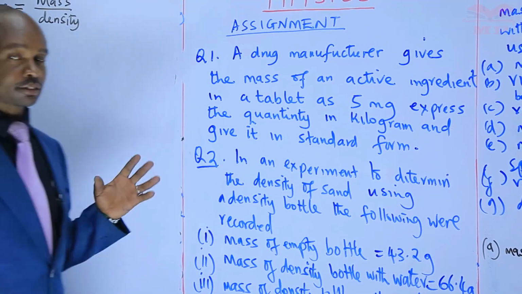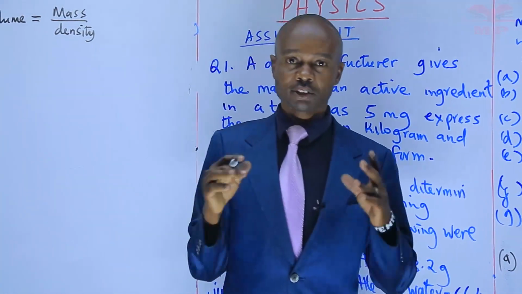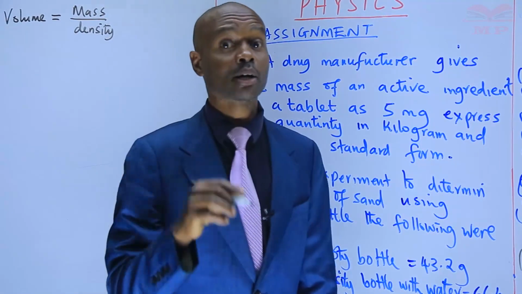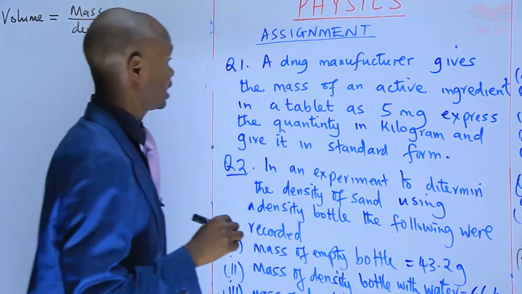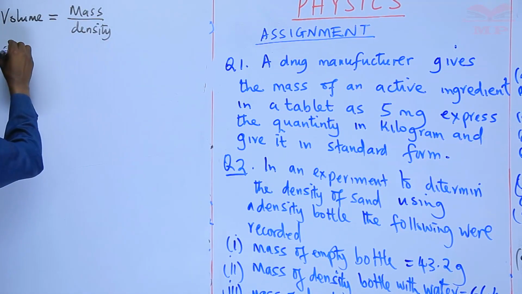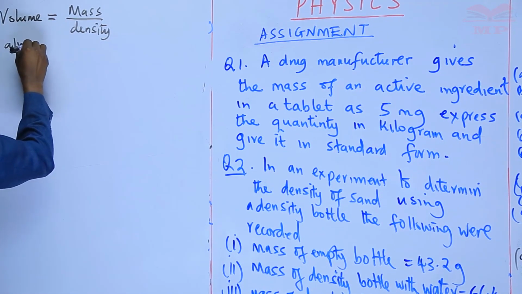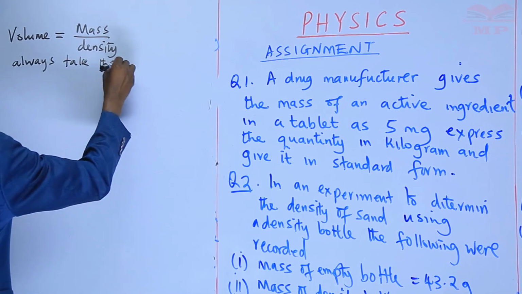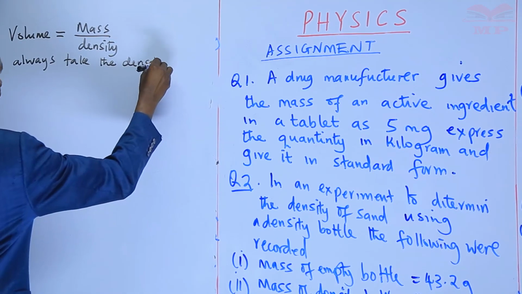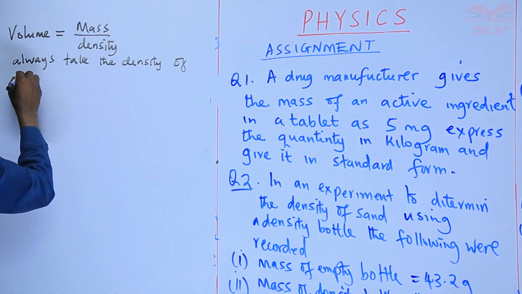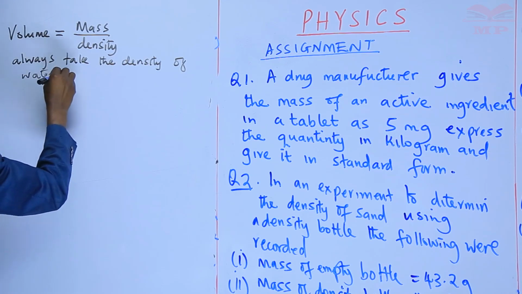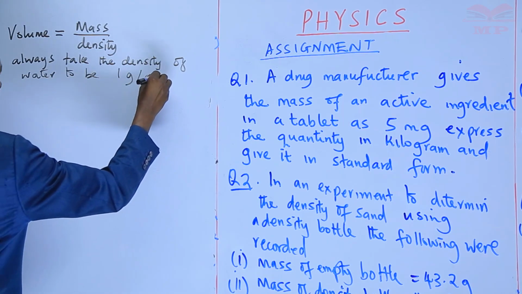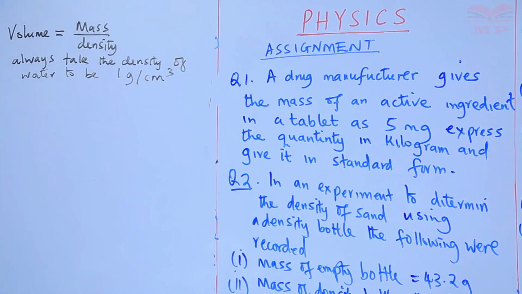I said always, if you are not given, always take the density of water to be 1 gram per centimeter cubed.